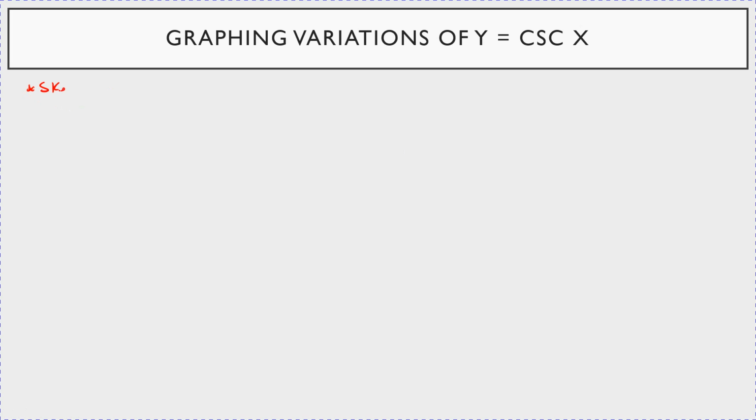All right, so let's sketch 2 periods of y is equal to 2 times cosecant of x minus pi. All right, so what we're going to do to help us, we're going to first sketch y is equal to 2 times sine of x minus pi.